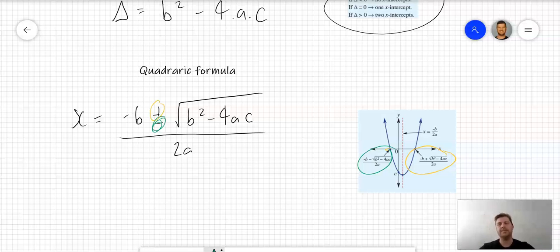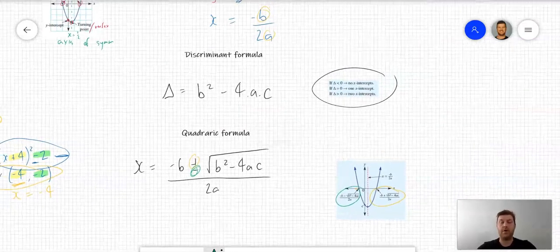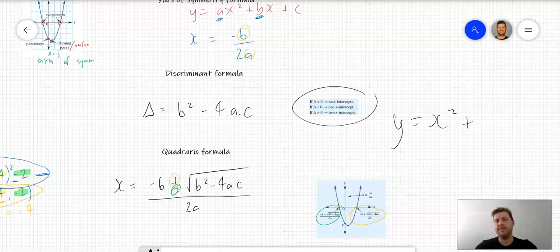They're the two x-intercepts. Okay, so there's actually a few ways. If you've got an equation that's in standard form, let's just look at this one for example. Y equals, let's keep it simple, x squared plus 7x plus 10.